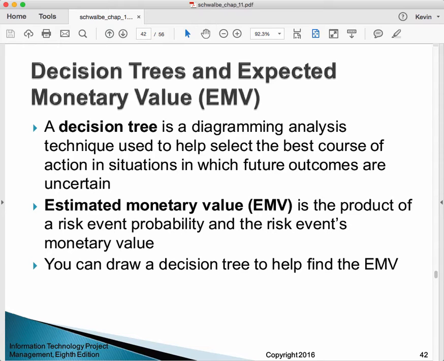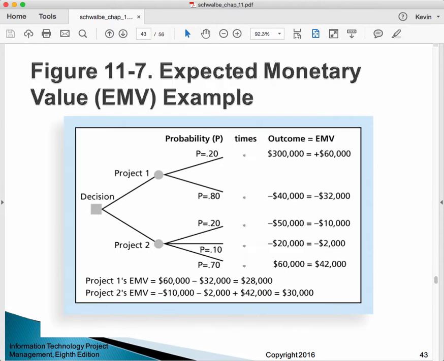So the expected monetary value, or EMV, is the product of a risk event probability between 0 and 1. Okay? So it's a percentage. And the risk event's monetary value. So you can draw a decision tree to help you find the expected monetary value in a particular scenario. So here we've got two projects that we can decide upon.